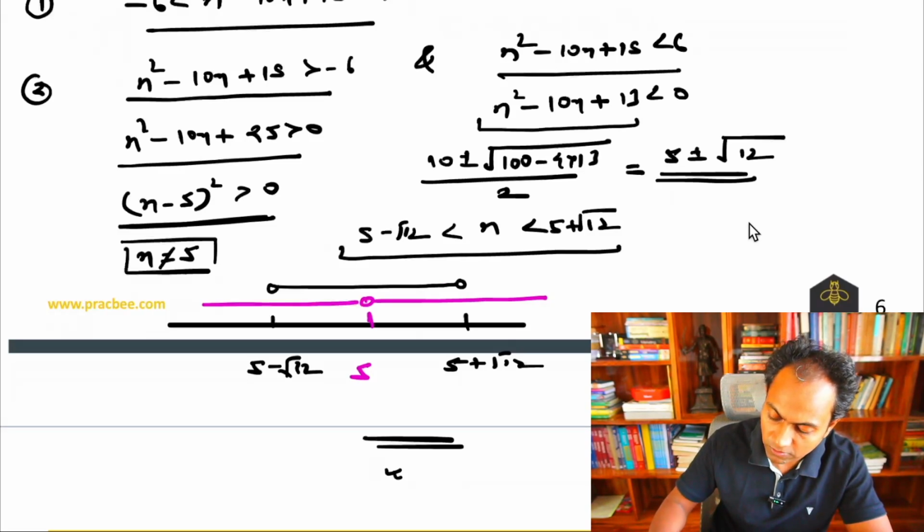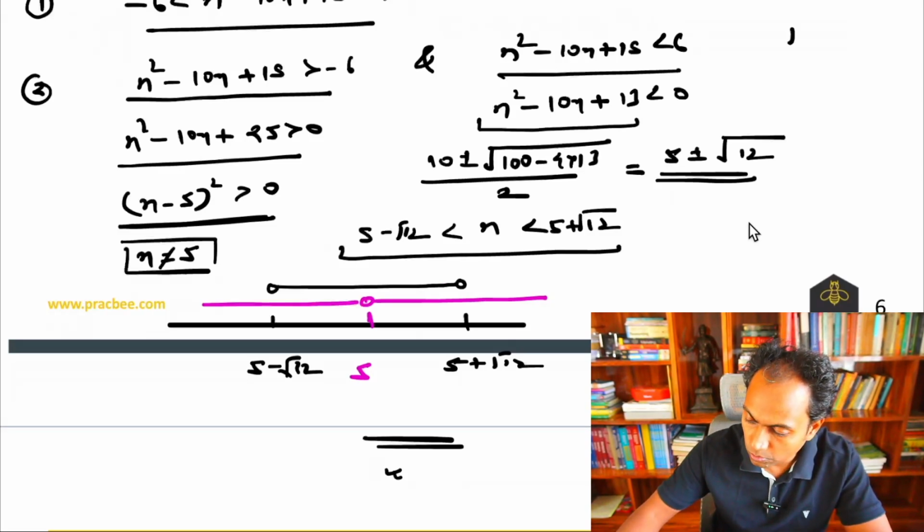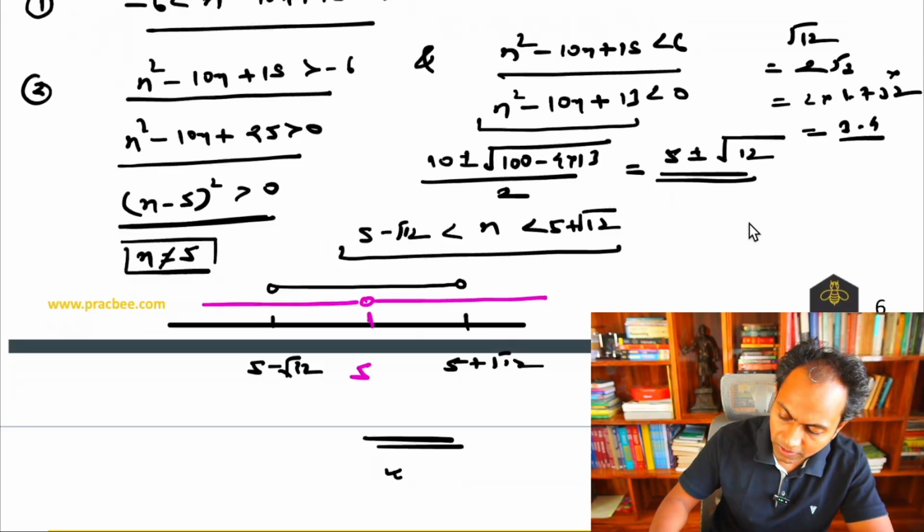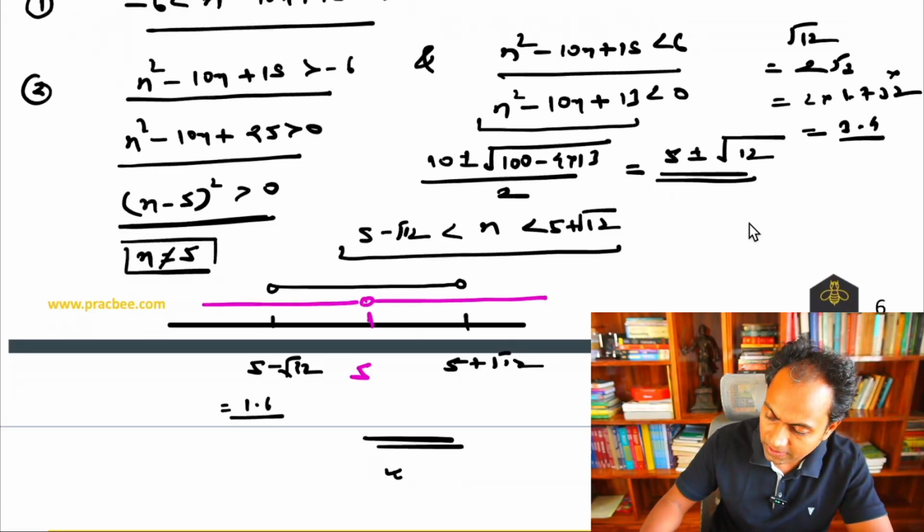Let us find the value of root 12 first. Root of 12 is nothing but 2 times root 3, or 2 into 1.732, which comes out to be approximately 3.4. So from 5, if you subtract 3.4, it is approximately 1.6. And if you add, this will become 8.4.